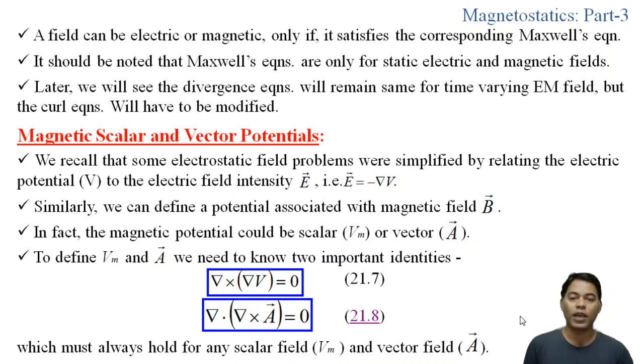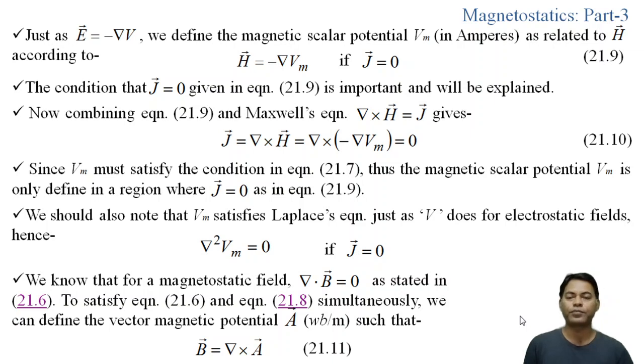So let us start with the scalar magnetic potential. As I told you, in the case of electrostatic, we derived that E equals minus grad V. That means the potential of the electrostatic field is related to the electric field.